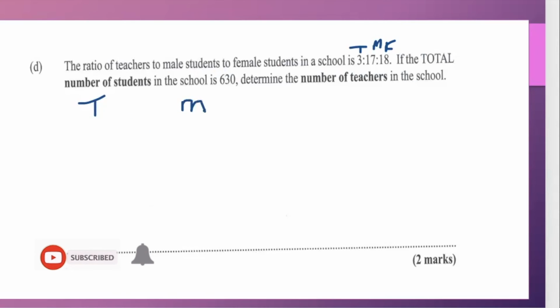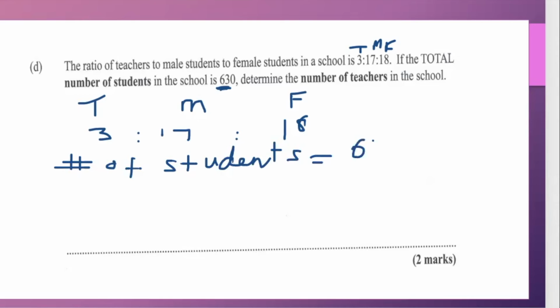So let's write the ratio that is given. Teachers, we have a ratio of 3 parts. Males, we have the ratio of 17 parts, and for females, we have 18 parts. We're given the total number of students in the school is 630.